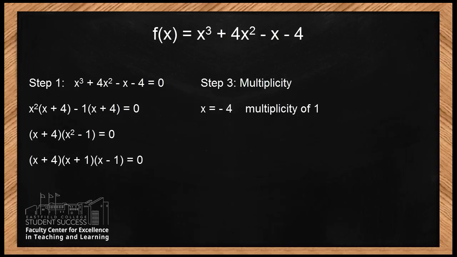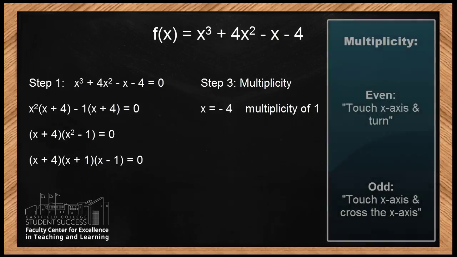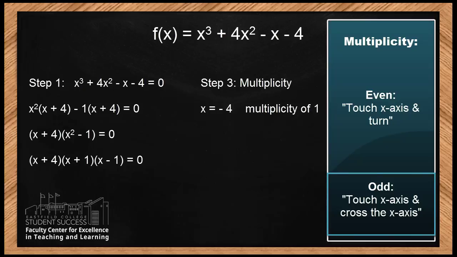Now remember, as a side note, let's go back and review quickly the rules of multiplicity. We have 2 types of multiplicity, odd or even. If the multiplicity is odd, the graph will touch the x-axis and cross the x-axis. So touch and cross.